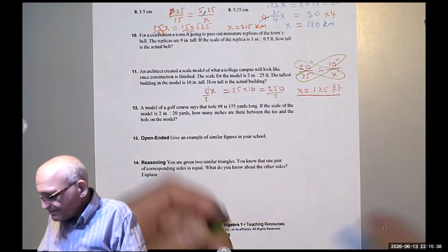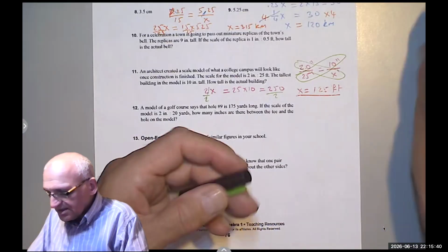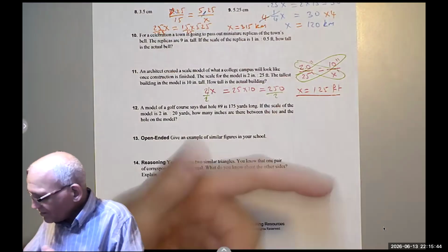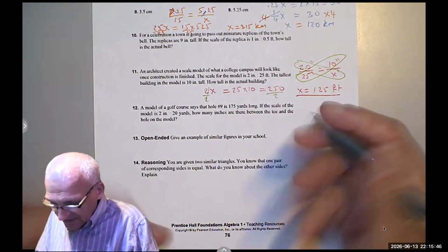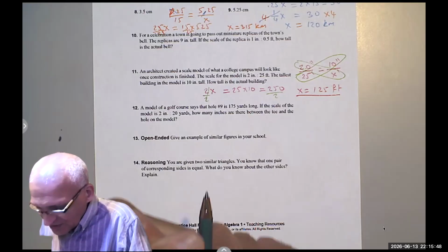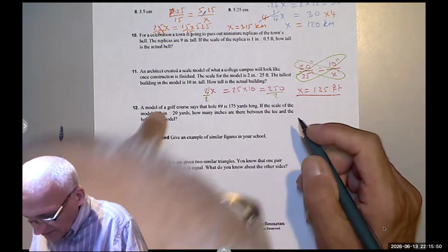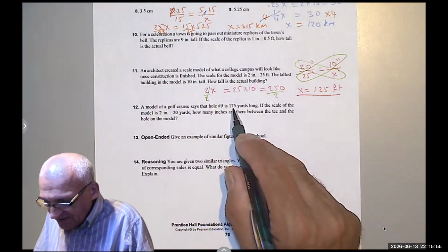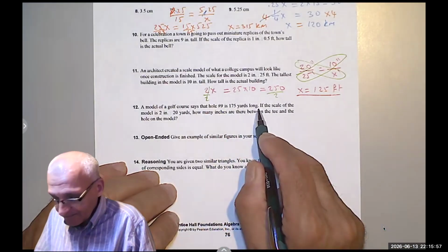Number 12. Very similar. This is just a review to let you be more confident and do these problems quite easily. A model of a golf course says that hole number 9 is 175 yards long.